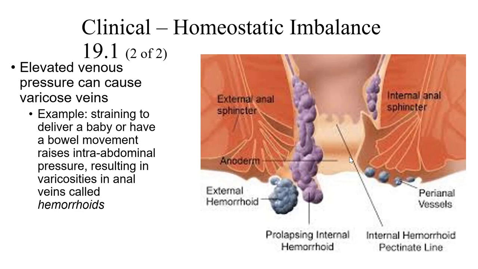Straining, most especially when you're delivering a baby or during bowel movement, and we do that every day, would raise the intra-abdominal pressure, resulting in varicosities in the anal veins, and you call that hemorrhoids. There are internal hemorrhoids that could develop around the periphery of the anal canal, and some of them can develop outside among the perianal blood vessels.